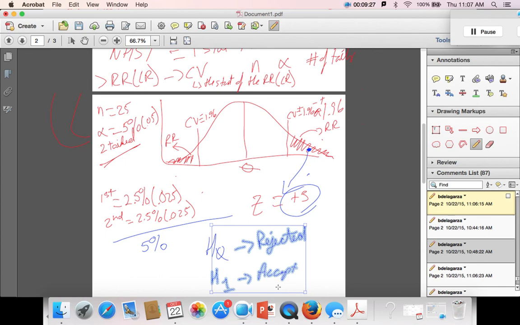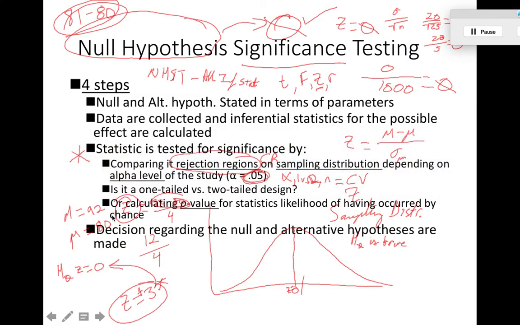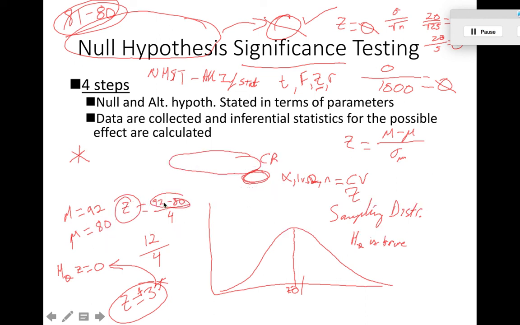If I reject the null, I'm rejecting the statement that there was no difference between my sample mean and my population mean for our given experiment. That's the statement that I'm rejecting. So since I'm rejecting the statement saying that there was no difference, then what am I saying? I'm saying that there is a difference between them. I'm saying that there is a difference here between 92 and an 80 in our particular study.